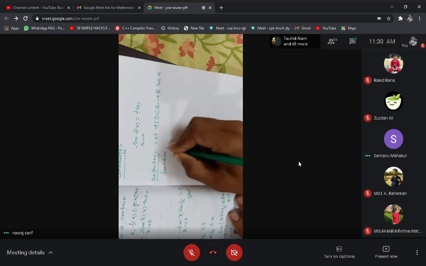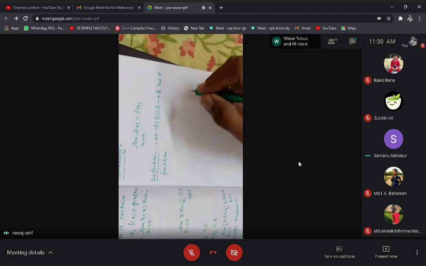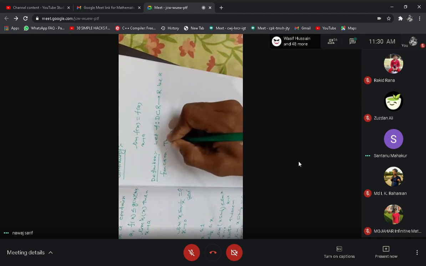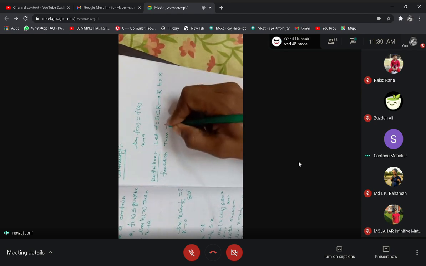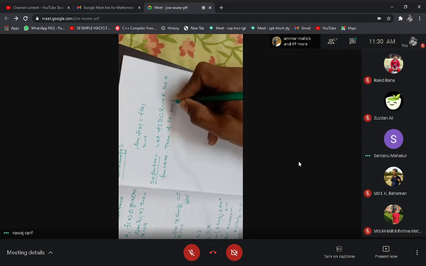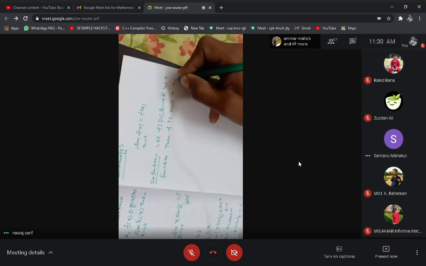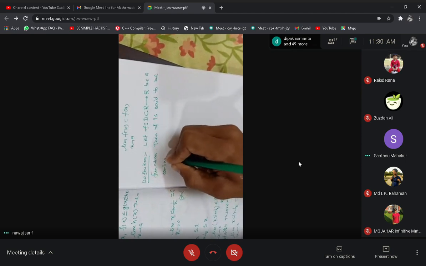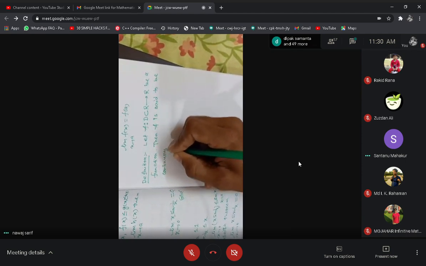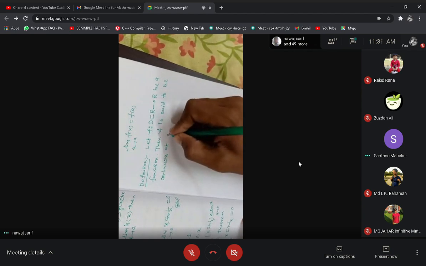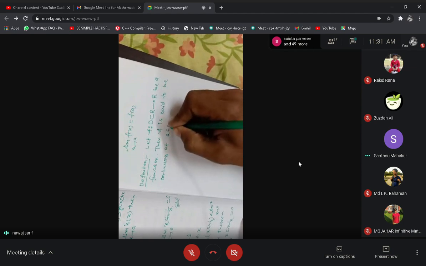Then f is said to be continuous at some point, say c or a, belongs to the domain.